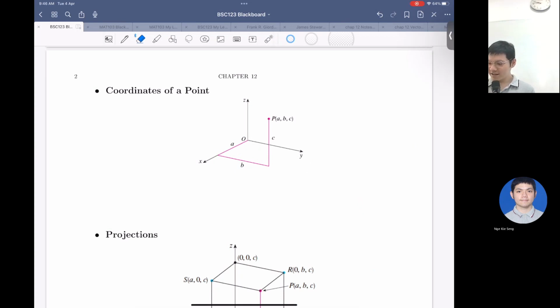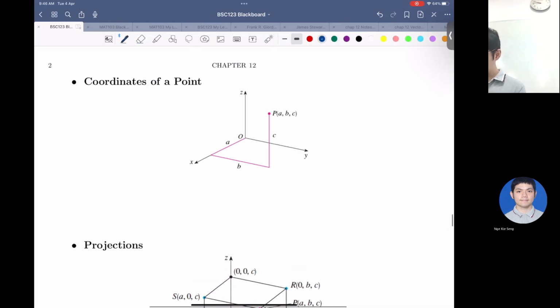Then for a point you can write out the coordinate of the point using this XYZ coordinate. So if you have a here, and a b here, and a c here.